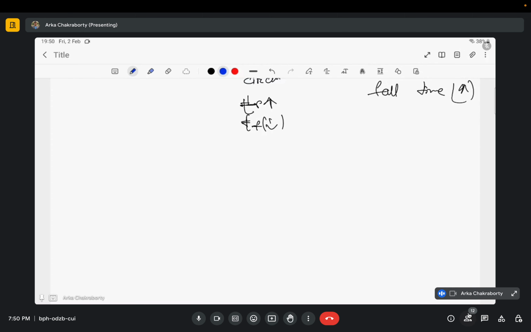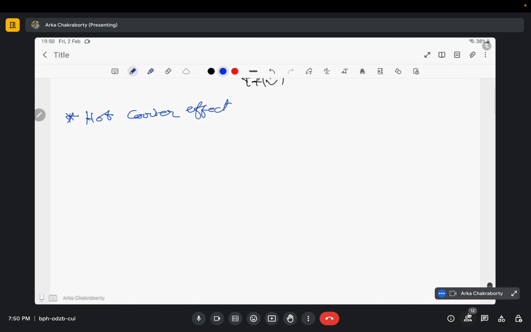You have to understand about phonons and how they interact with each other, and why it gets saturated. Today let me talk about another effect called the hot carrier effect. It is more from a device point of view, but let me talk about it.